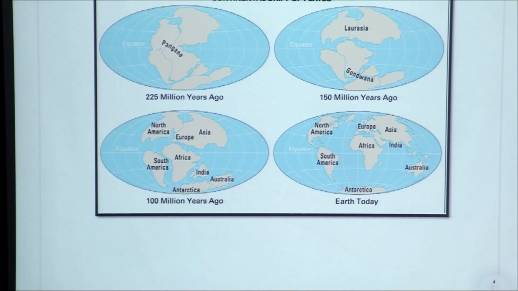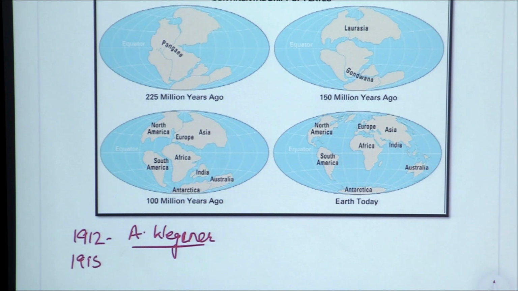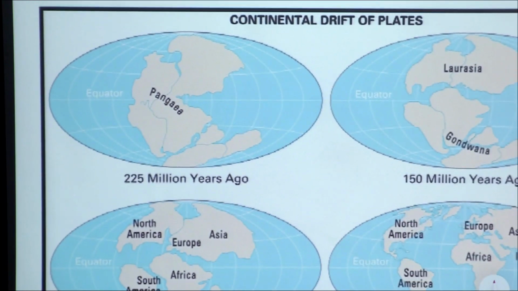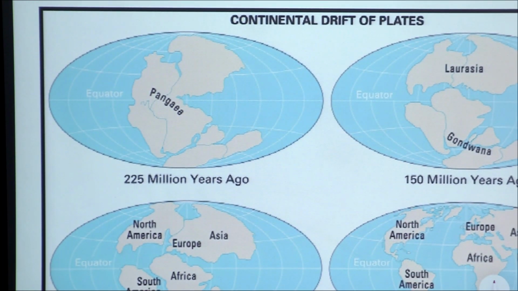Now, as I said, it was in 1912 that a research paper was published by German climatologist Alfred Wegener, Origin of the Continents, and it was eventually enlarged as a complete text, Origin of the Continents and Oceans. And in this he talked about, and I am zooming in, that there existed a supercontinent called Pangaea.